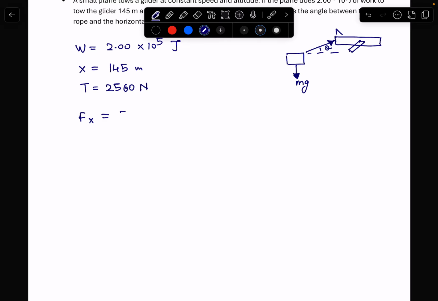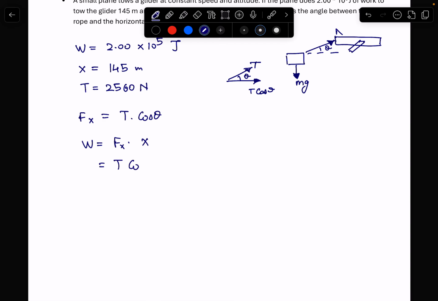The force in the x direction is T times cosine theta. So if T is at an angle theta, this should be cosine theta, right? Times x. That comes later on. So my W is equal to F in the x direction times x.